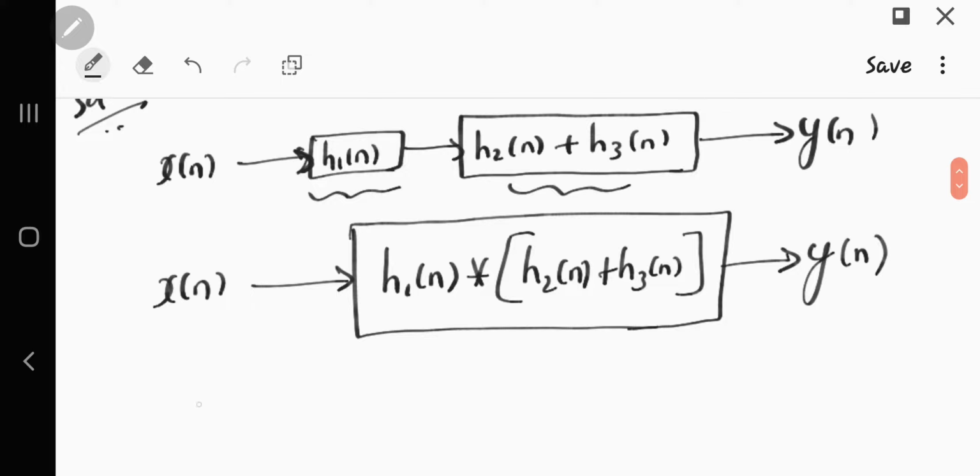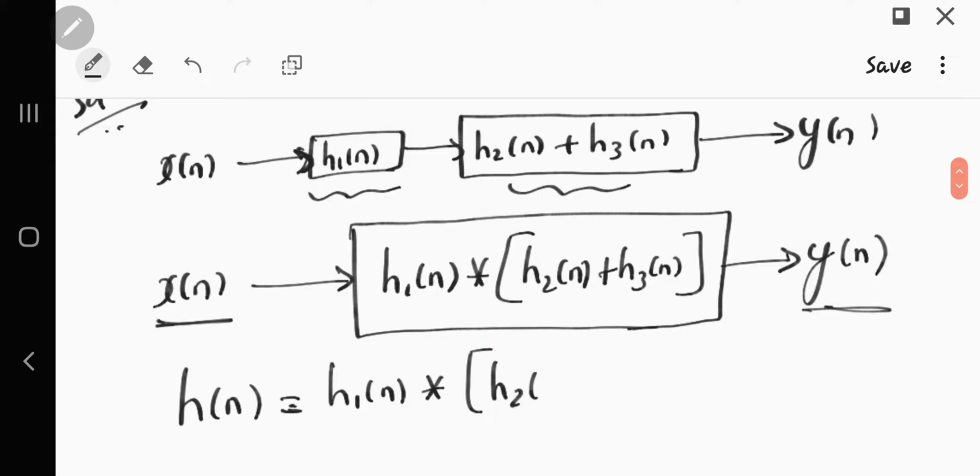Now let's express h of n in terms of h1 of n, h2 of n. That is the overall system response for which the input is x of n and the output is y of n. Therefore h of n is h1 of n convolved with h2 of n plus h3 of n.